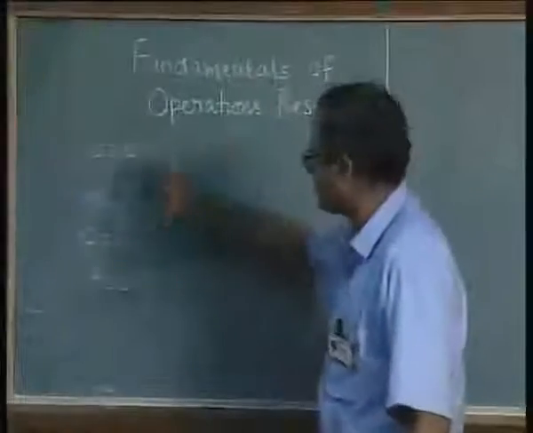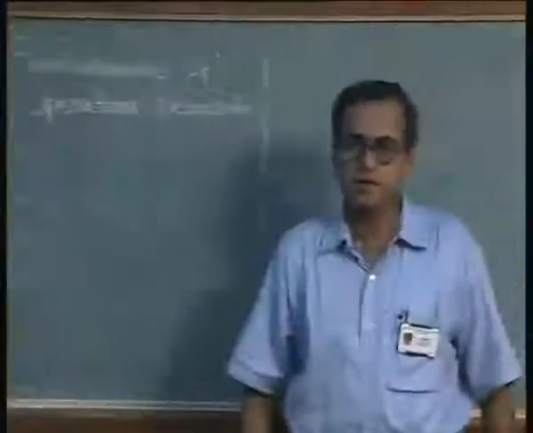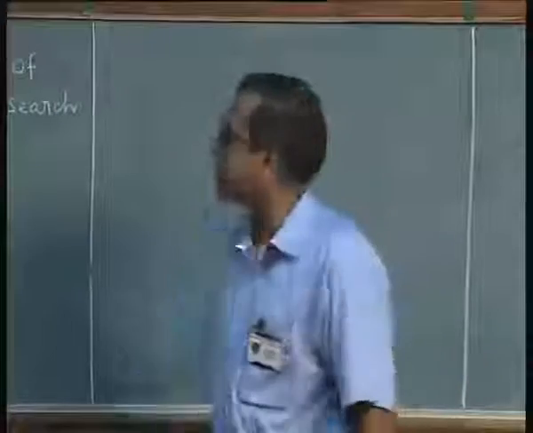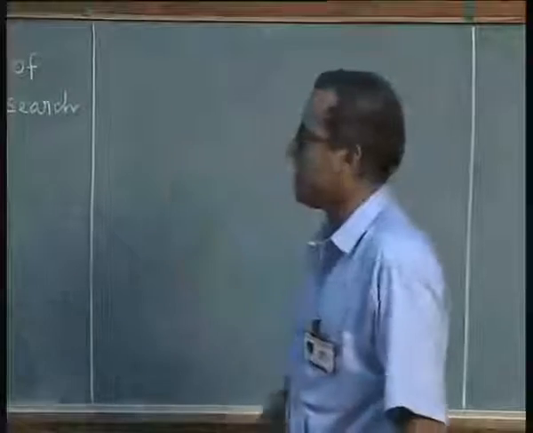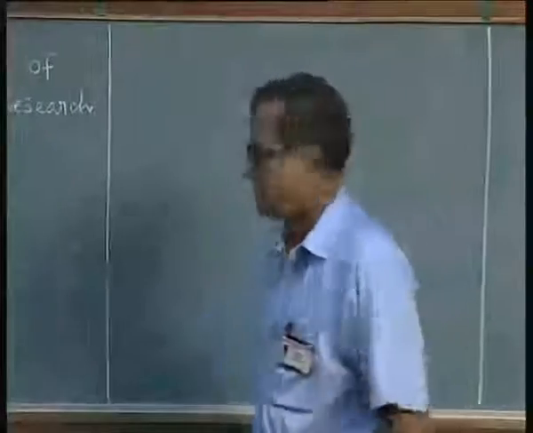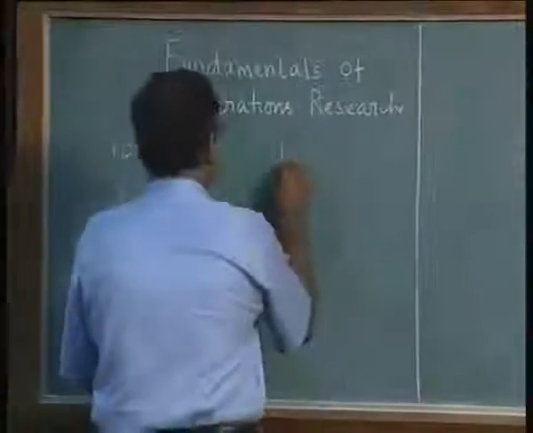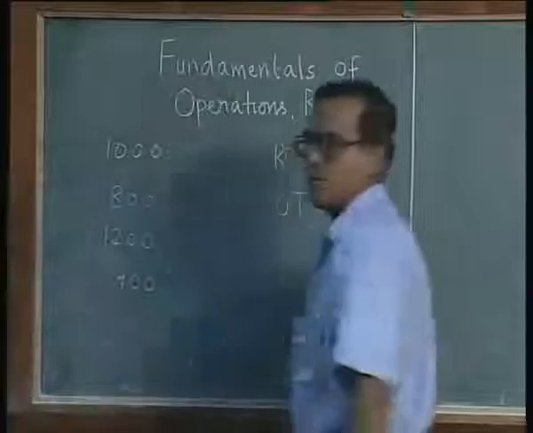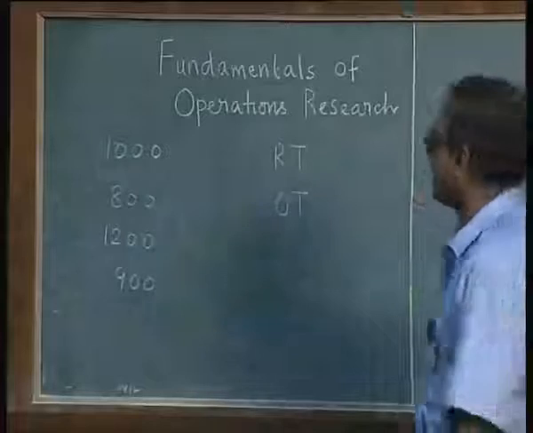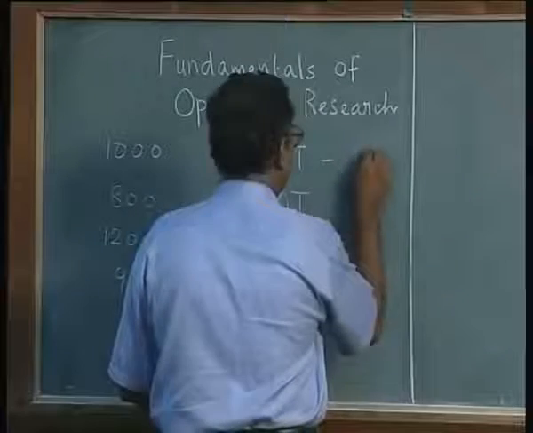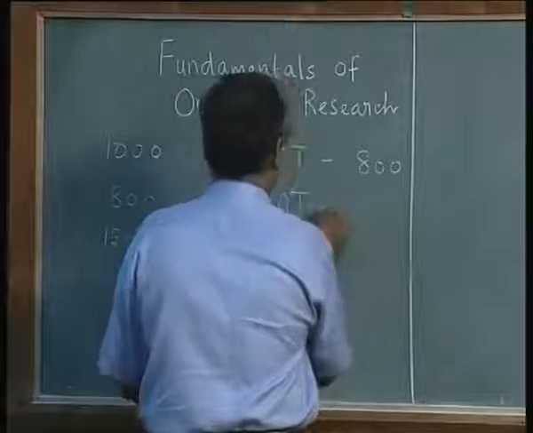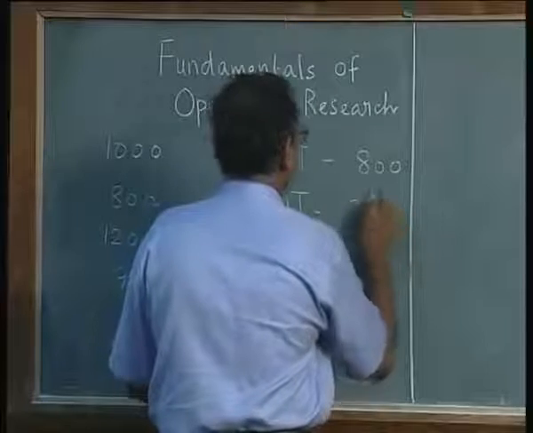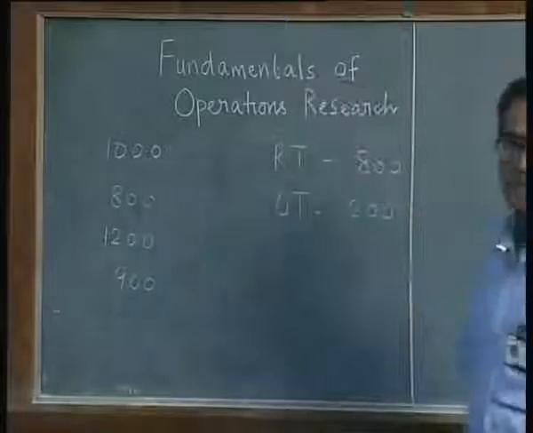The company wants to meet the demand for the product in the next 4 months. The company can use two modes of production, which we call regular time production and overtime production. The regular time capacity is 800 per month and overtime capacity is 200 per month.